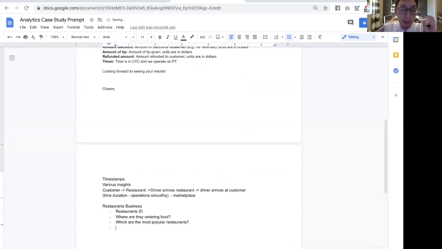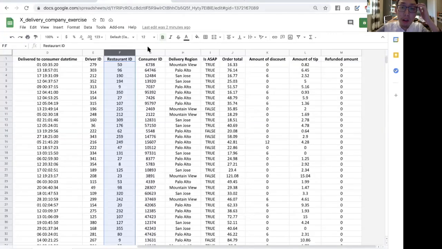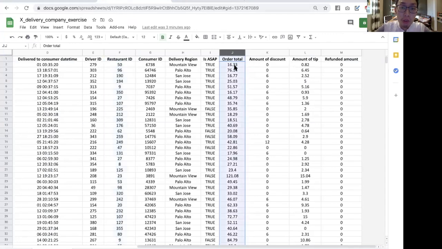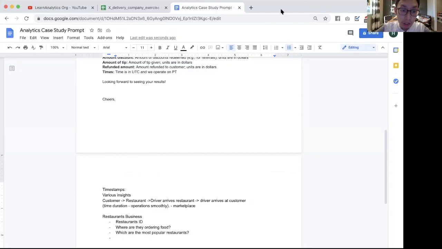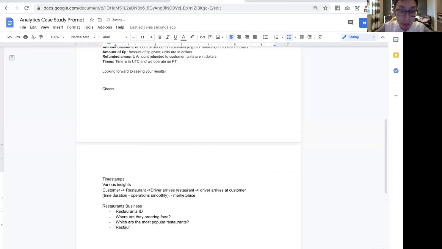So a lot of the questions here are to draw insights around order totals, how many orders per restaurant, where is the delivery region, as in restaurants and cities within each city, what are the most popular restaurants.